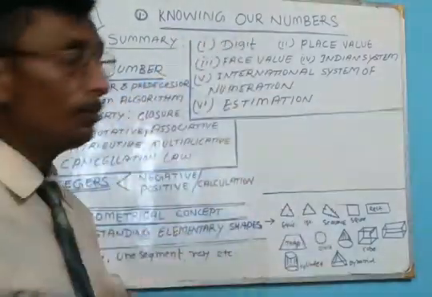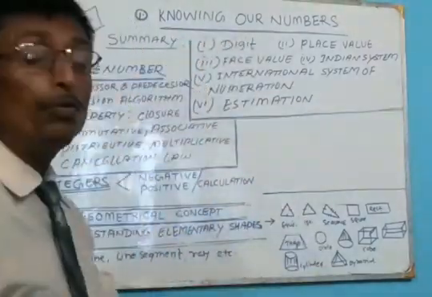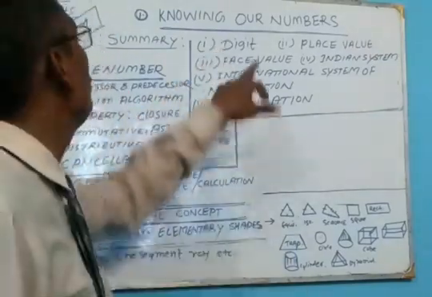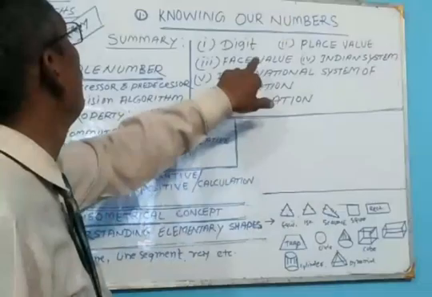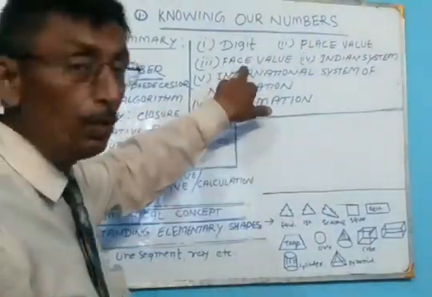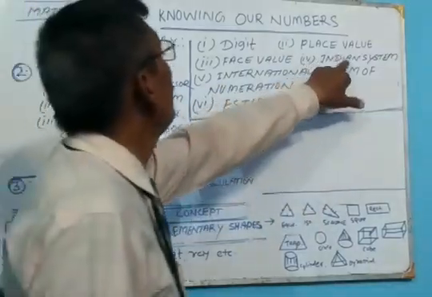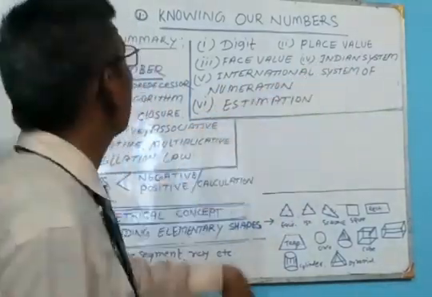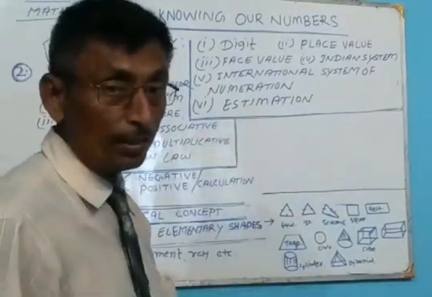In the first chapter, we have to study the important terms: digit, place value, face value, Indian system and international system of numeration, estimation.